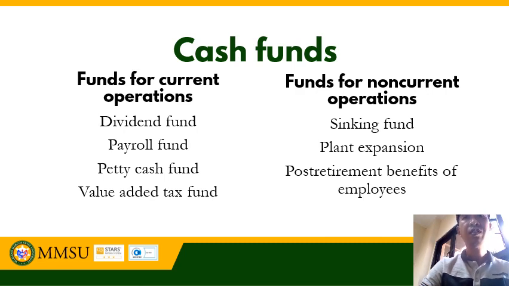Those cash funds restricted for non-current operations like bond sinking fund, plant expansion fund, or fund for post-retirement benefits of employees are not part of cash. However, if a cash fund is originally for a long-term liability, when the liability becomes current, the cash fund also becomes current and forms part of cash and cash equivalents.